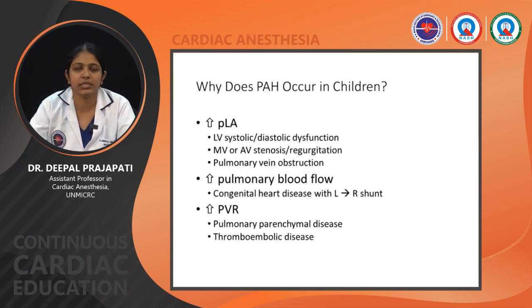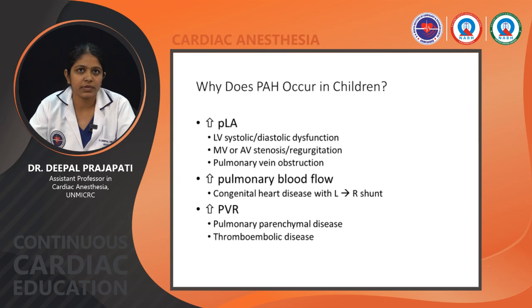Now, why does PAH occur in children? It usually occurs due to 3 main things: increase in left atrial pressure, increase in pulmonary blood flow, or increase in pulmonary vascular resistance. Now, why does left atrial pressure increase? There are a few causes.